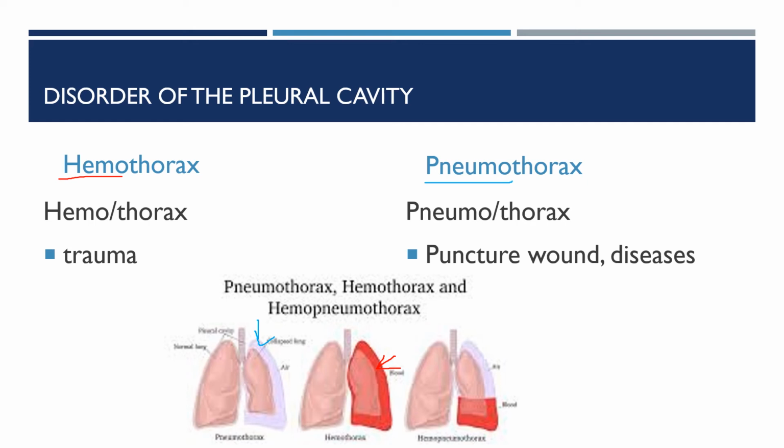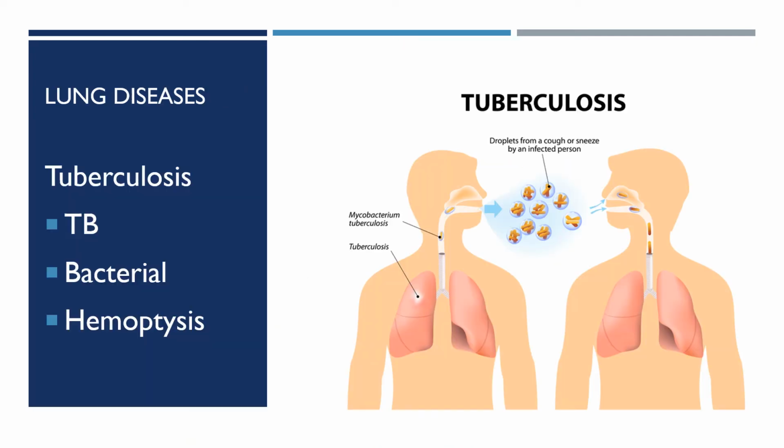And in the last picture here, we're showing that you can have both, hemo and pneumothorax. If you have both, because blood is heavier, the blood tends to accumulate at the bottom of the pleural cavity, and the air rises to the top of the pleural cavity. So the main thing is get out whatever's in there, and the lung will be able to re-expand.